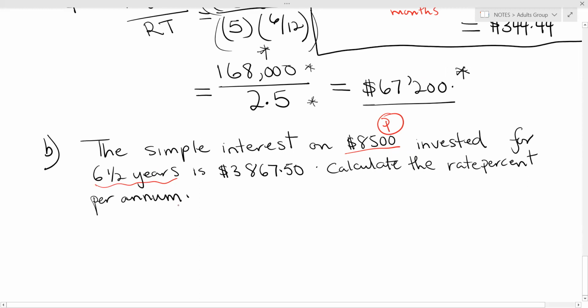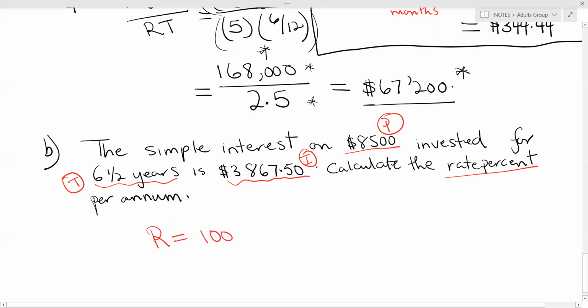What's this? Time. What's the 3867.50? Seeing the is, I'm guessing the interest. Simple interest. Nice. So what do they want to work out? The rate, right? What's our formula?